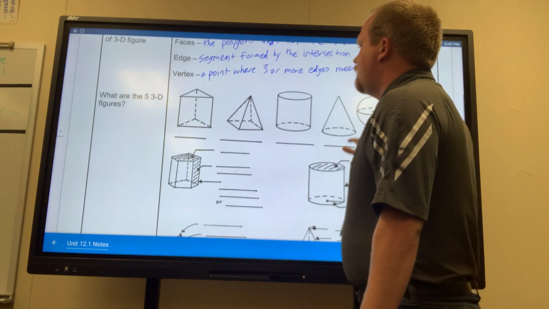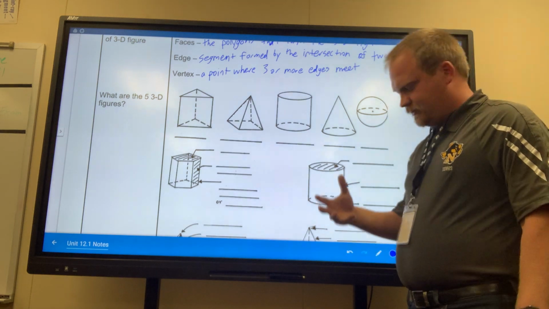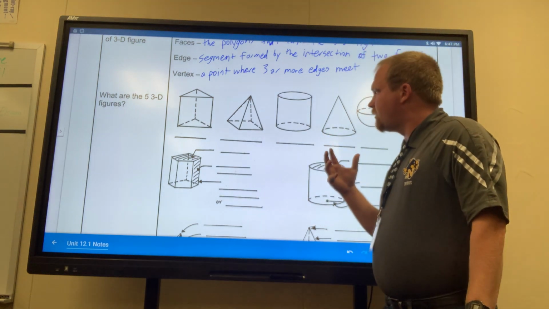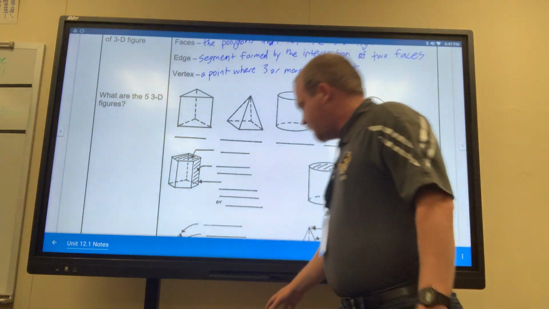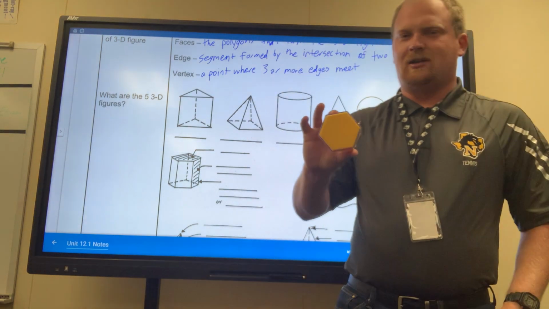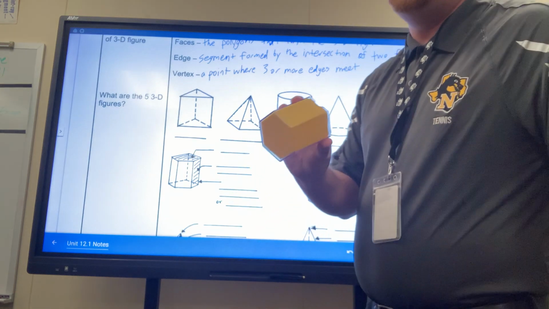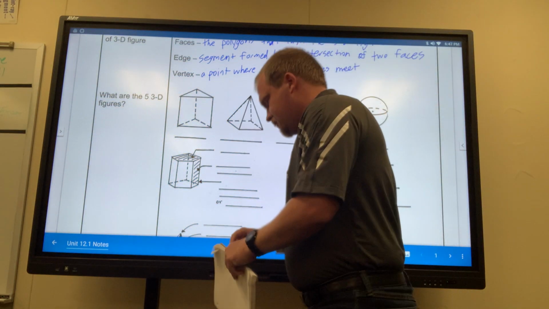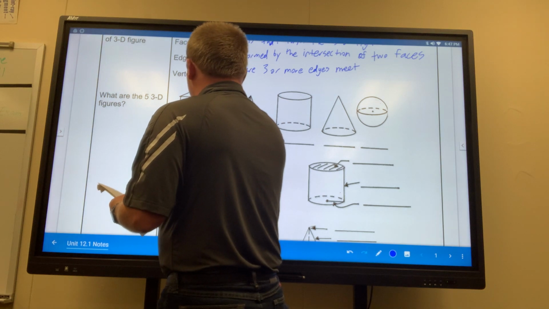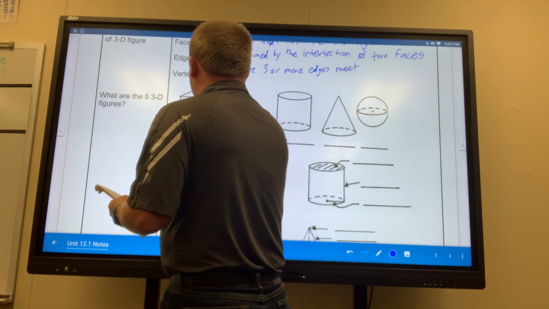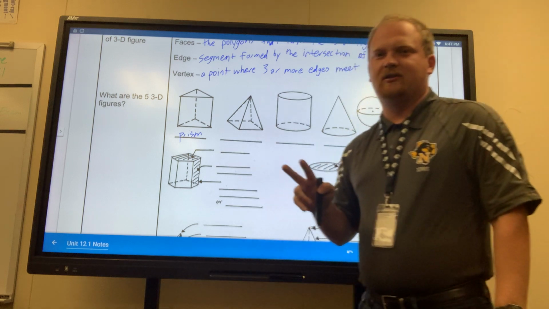Now, there are five different types of three-dimensional figures. This one I showed you is one example. This is called a prism. A prism is going to have two bases. That's the biggest key.